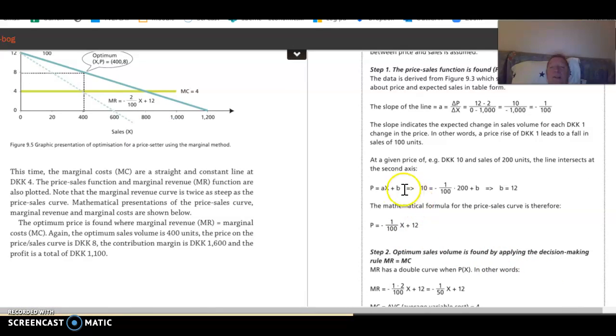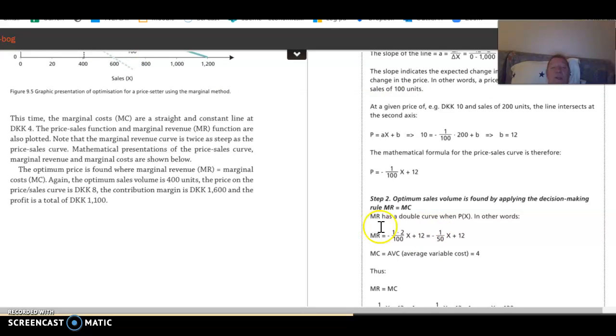So you know that the price was 10, and the slope is minus 1 divided by 100, and x was the 200 units, plus b. We don't know what b is yet, but we can calculate it now. From this formula, b must be 12. Therefore, we now know that the total formula for the straight line is p equals minus 1 divided by 100 x plus 12.